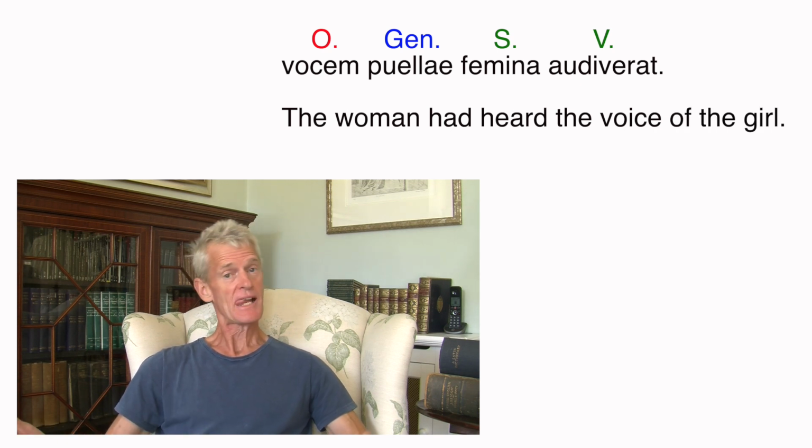Okay? So these last two tenses, we've done them both in a bit of a rush because actually you already know how to form tenses on the third principal part of a verb, that perfect stem.